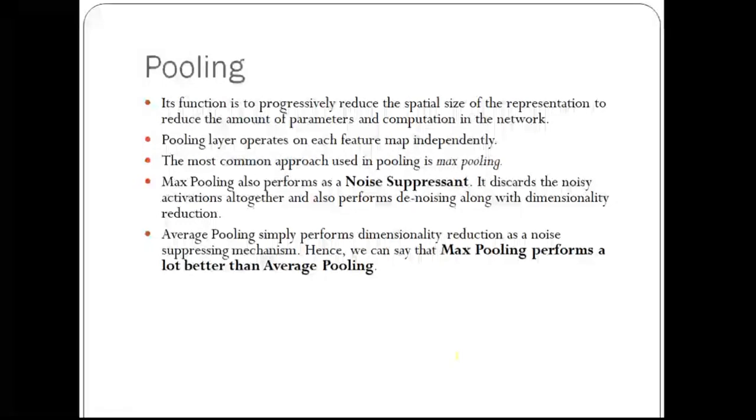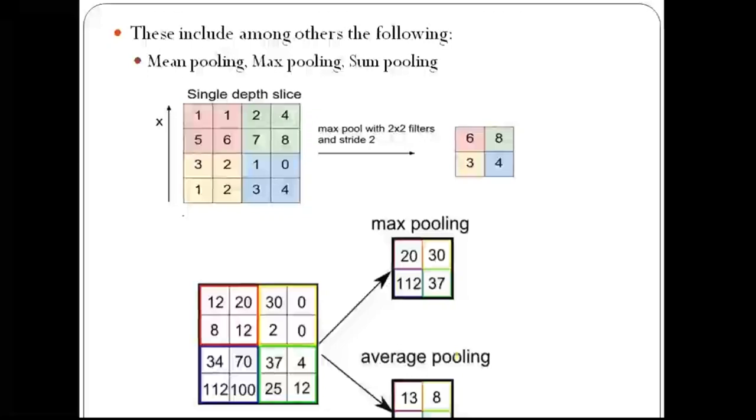Another way we can reduce the size is by use of the pooling function. What does the pooling function do? It reduces the spatial size of the representation, and it also reduces the number of parameters, and thereby reduces the computation in the network. It works on the individual feature map. Suppose this is the feature map.